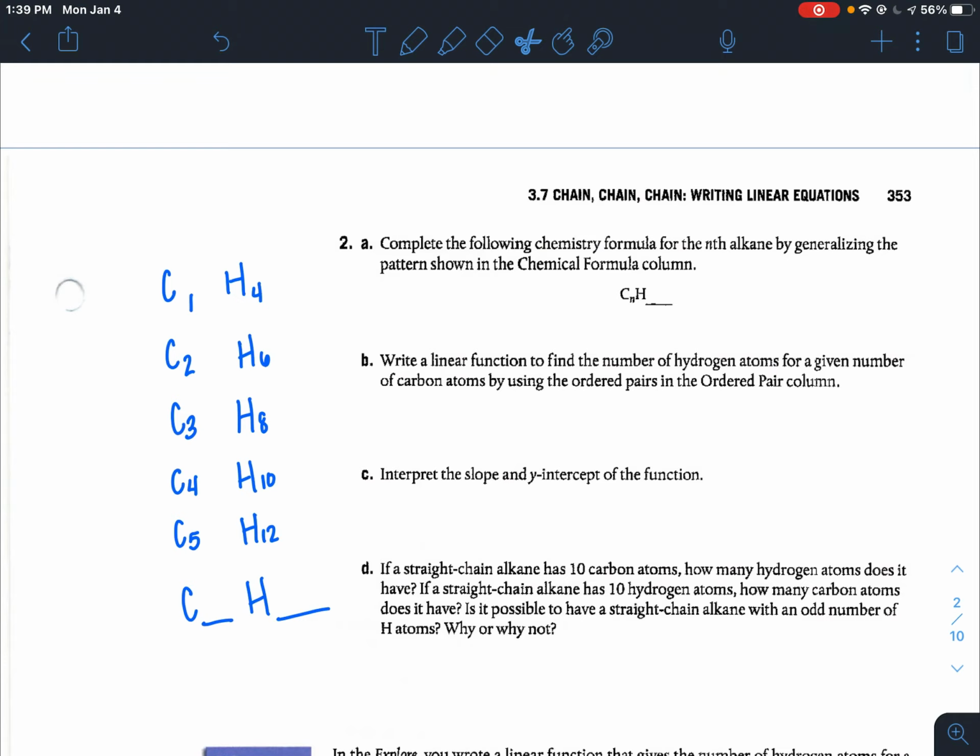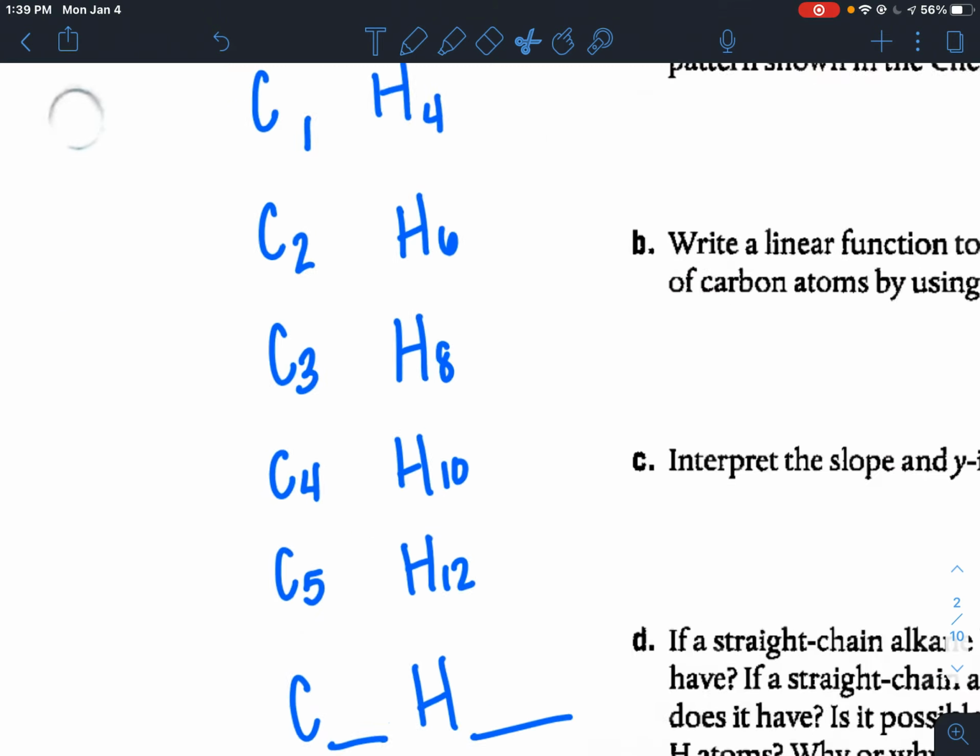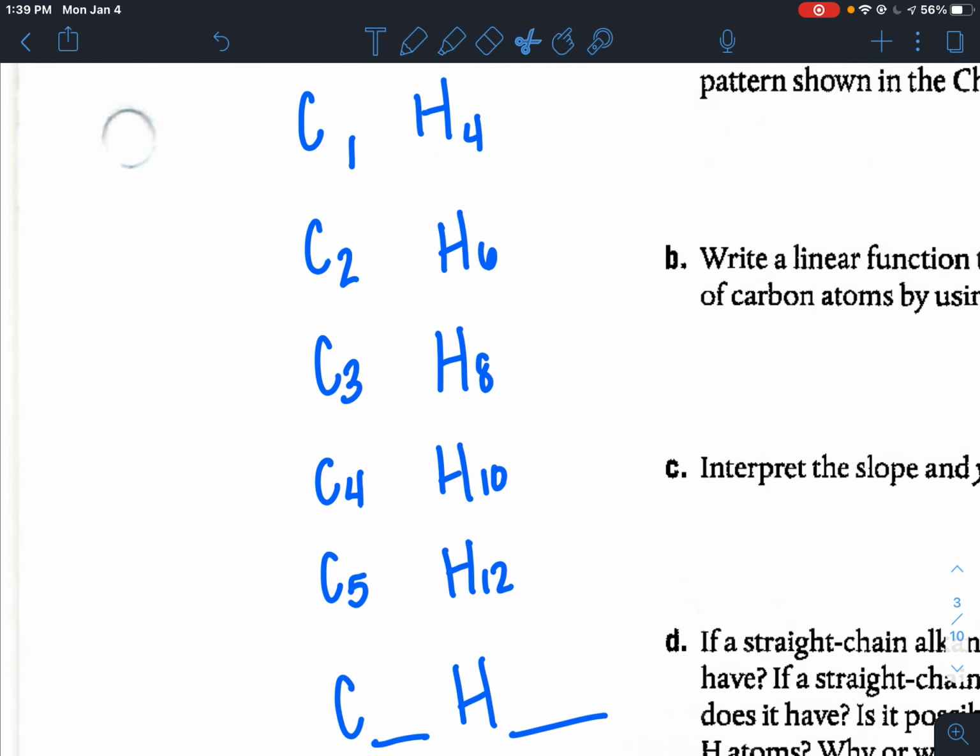What's the pattern going on here? So for carbon, we're just adding one each time. So 1, 2, 3, 4, 5. But then how did we get hydrogen? Okay, so we've got 4, 6, 8, 10, 12.